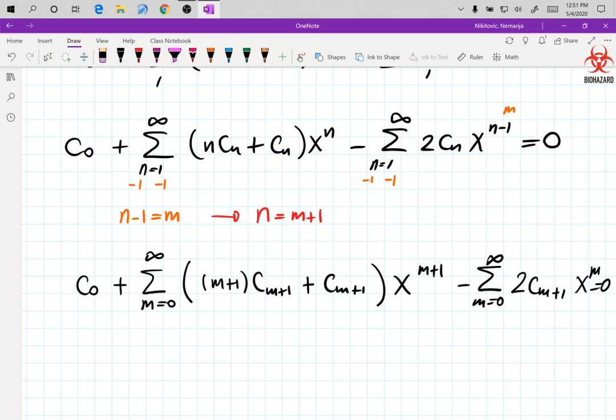Now, when I write this one as x to the m times x, then this x can go out, and then we should be able to combine the series.